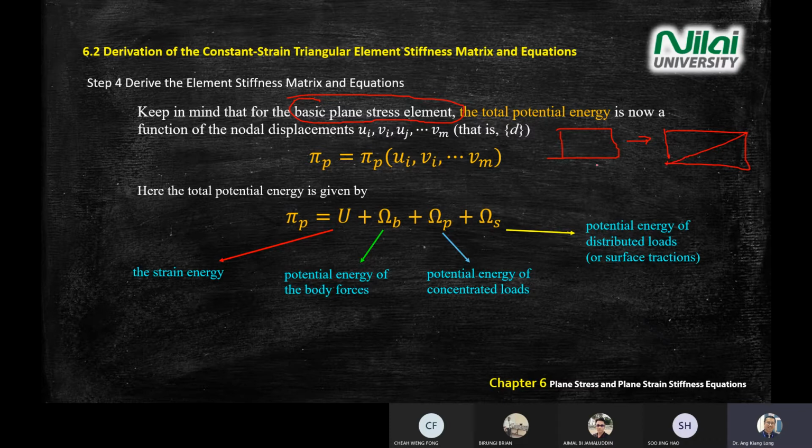Each of these triangles will give you potential energy. So what kind of potential energy do we consider in our calculation? First, strain energy. Second, potential energy because of the body force. Third one is concentrated load. Fourth one is distributed load.